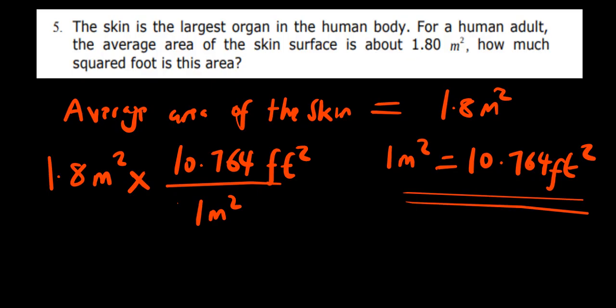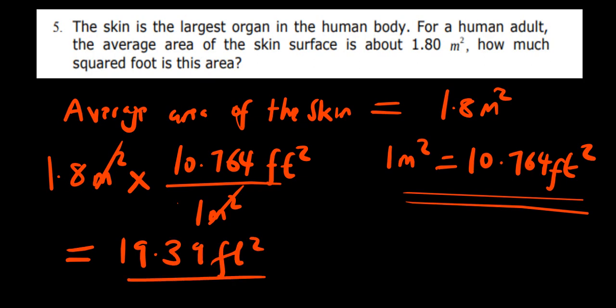So this and this would divide, and when we multiply that, it's just going to give me 9.39 feet squared. So this is how you're going to convert it based on the knowledge that you have about the average height of a human being.